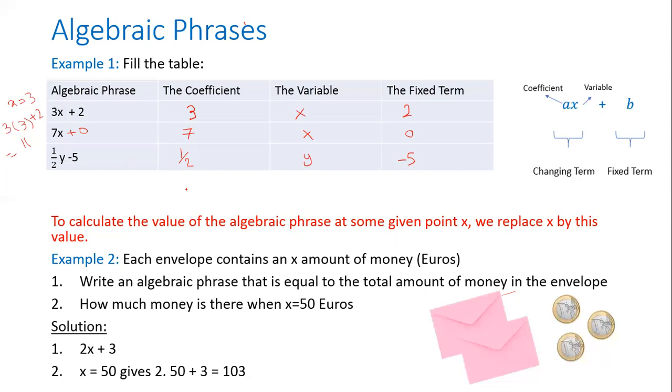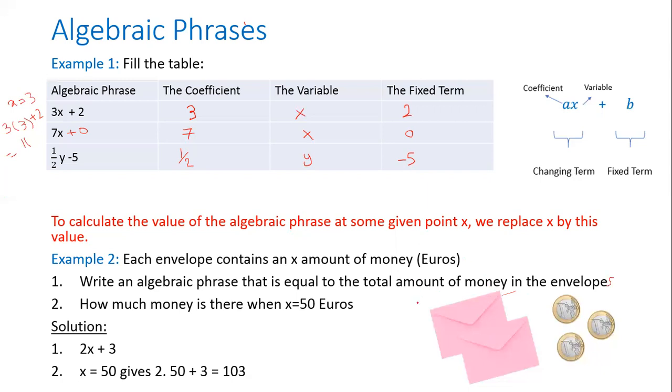Let's take a practical example now. Let's assume we have two envelopes of money. Each contains x euros. So we have x euros in this envelope and x euros in that envelope. We want first to write an algebraic phrase that is equal to the total amount of money in both envelopes together.